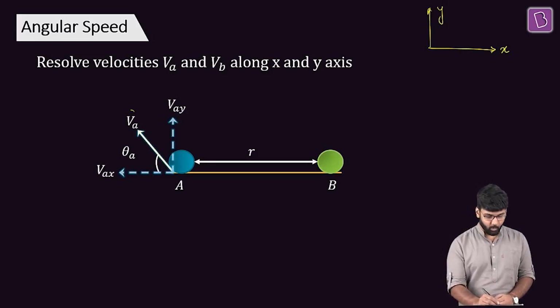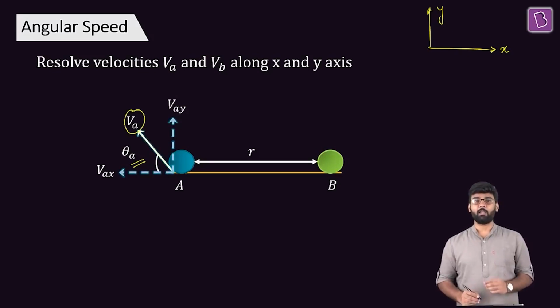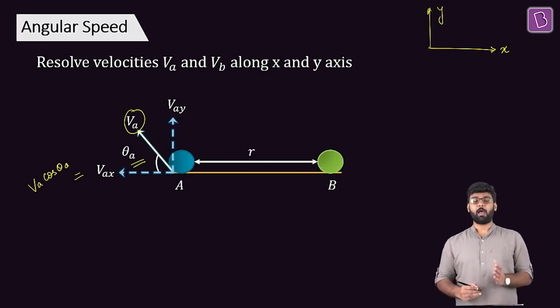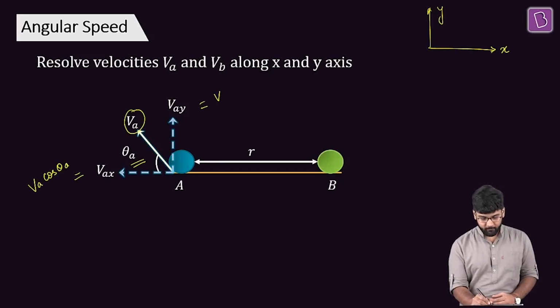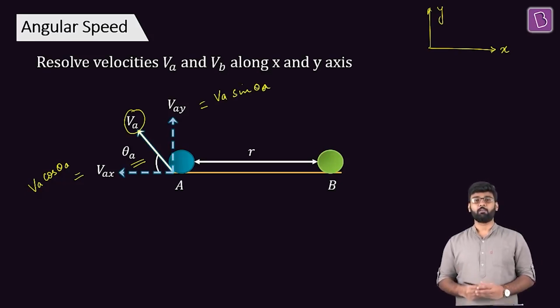Here VA was in this direction and it is making an angle theta A with the negative x-axis. So we get VAX as VA cos theta A and VAY will be VA sin theta A. So these are the components of velocity of A.